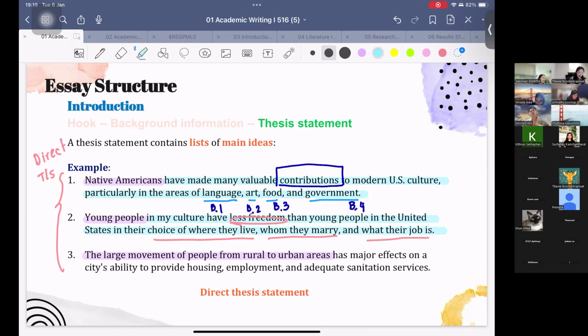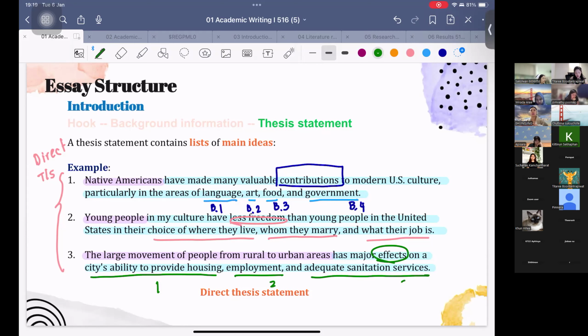And for the last one, large movements, which cause many effects, major effects on cities. Being a direct thesis statement, you need to mention what the effects are. So the effects here would be in terms of the city's ability to provide housing, employment, and sanitation service.